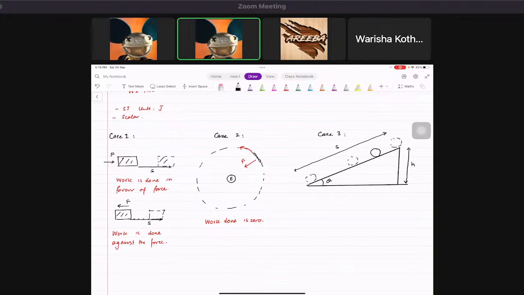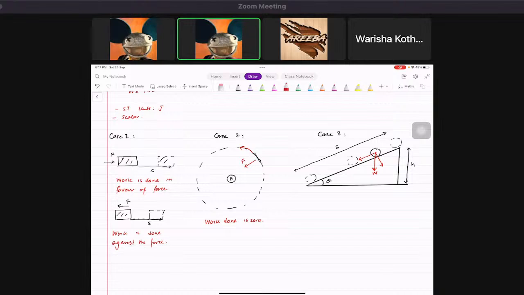So the weight will act downwards, and the 2 components of weight are parallel to the slope and perpendicular to the slope. Is it clear, everybody?